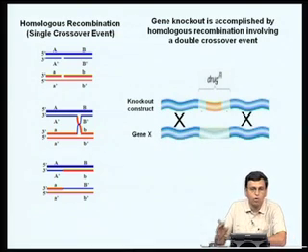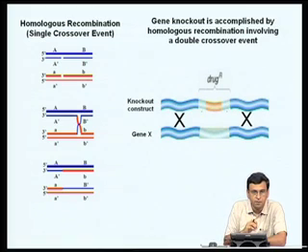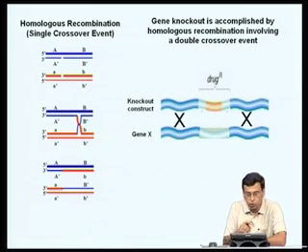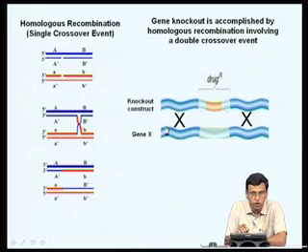Once you have a knockout construct, you then introduce this knockout construct into embryonic stem cells. So in the embryonic stem cells, inside the nucleus, you have the normal copy, let us say, which is homologous to this gene. Now homologous recombination takes place between your transgene, the knockout construct you have introduced, and the endogenous gene.